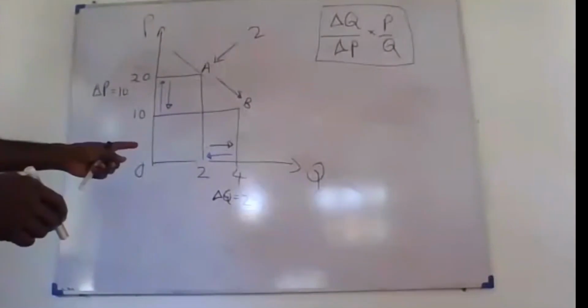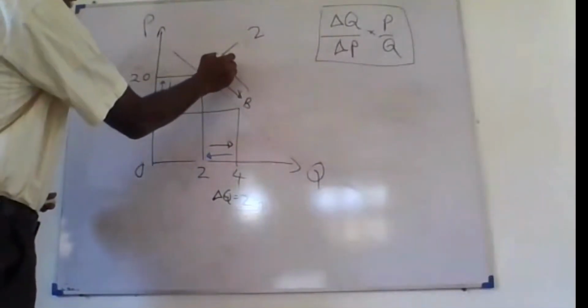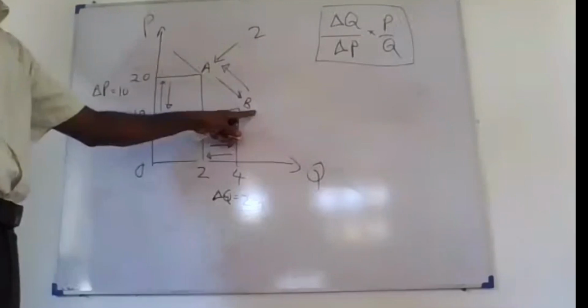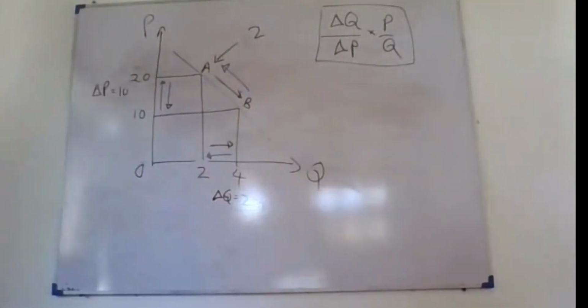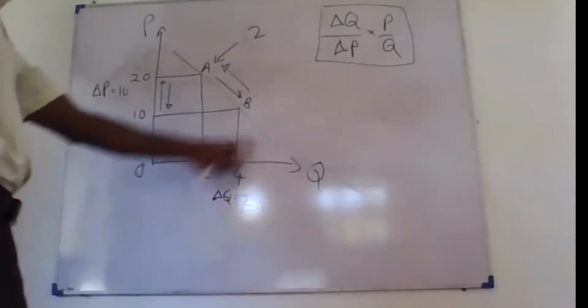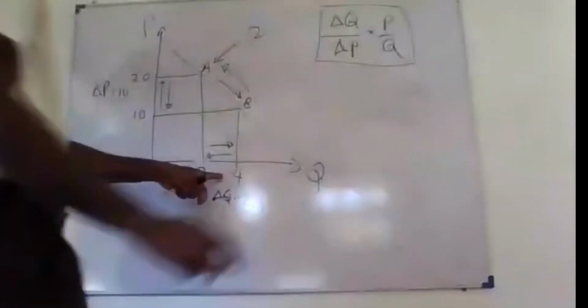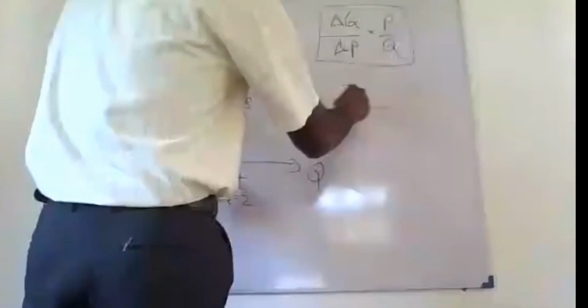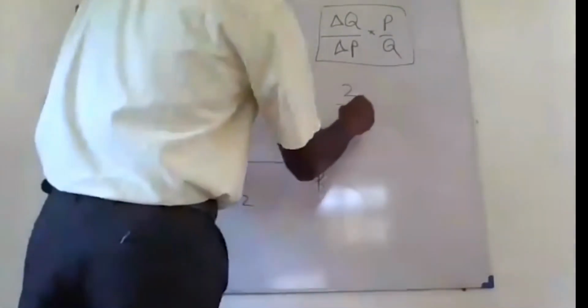Now we are going to check the price increase. So now we are moving from point B to point A. What is the price elasticity of demand if it is the case? This part won't change, delta Q by delta P. Delta Q, it is 2. Delta P, it is 10.